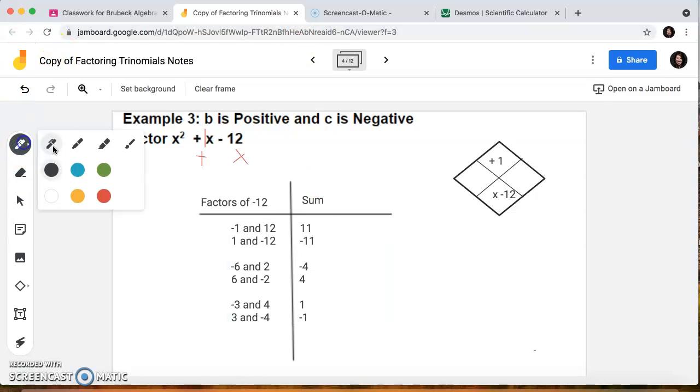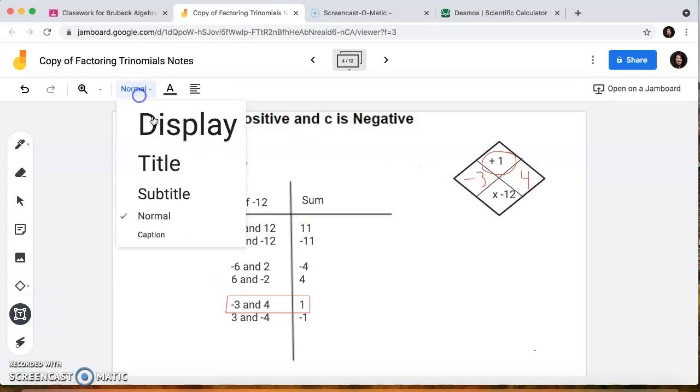Now we want to find two factors that add to be a +1. They need to add to be a +1. So we're going to use the numbers -3 and +4. Those two numbers multiply to get a -12, but they add to get a +1.